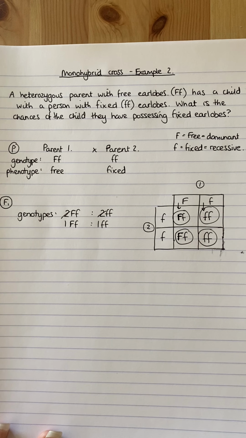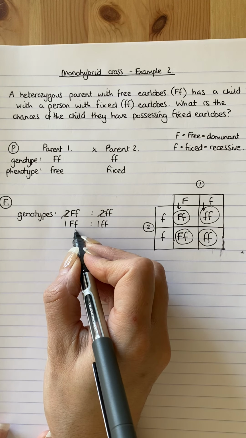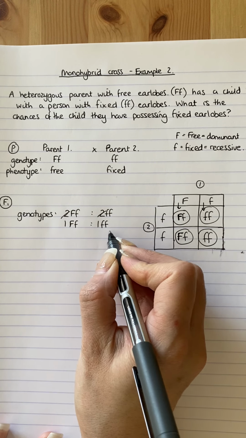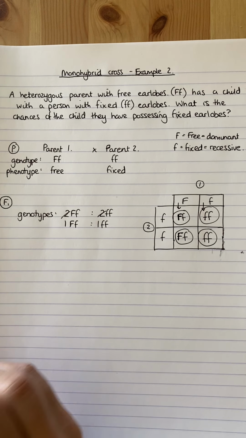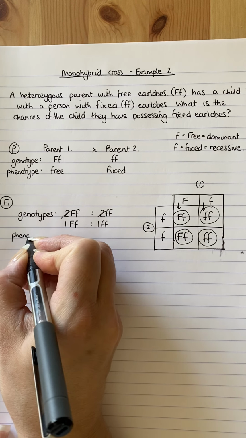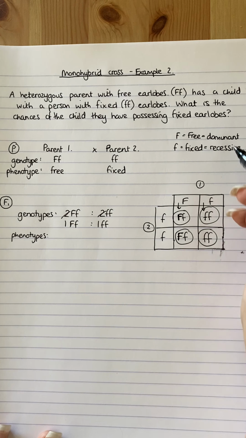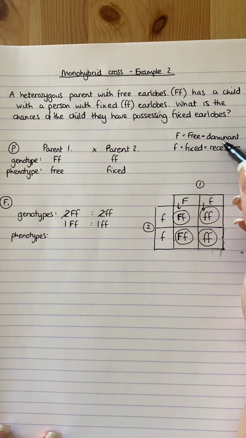So for any child that they have, they could potentially have capital F, small f, and be heterozygous, or have two small f's and be homozygous recessive. Now what we want to find out is what their phenotype is, what they look like. Looking back at our list, if they have a capital F at any point, they have free earlobes, because capital F is dominant.